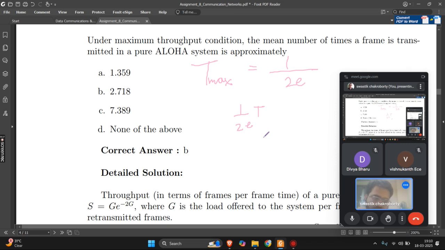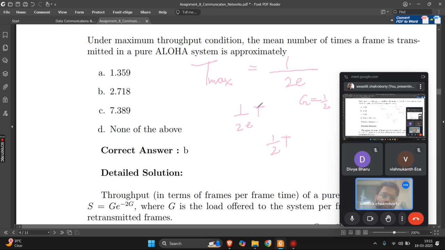And the number of packets getting generated is half a packet per second, so in 2 seconds 1 packet is generated. Since g is equal to half, the number of packets generated in time t will be half into t.